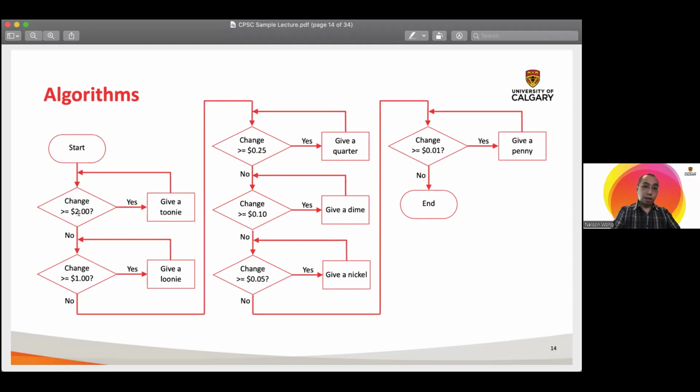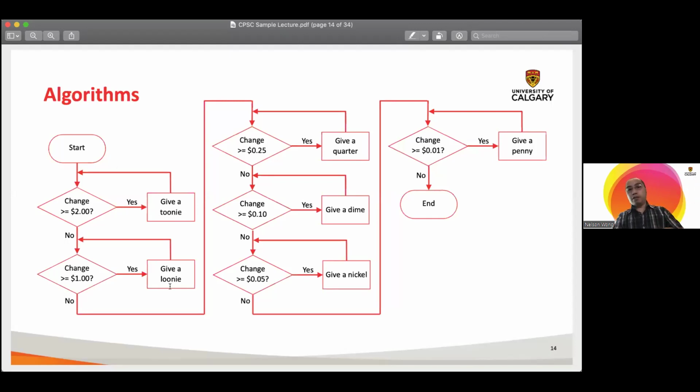Then we go back and ask the same question: is the change still bigger than or equal to $2? If it is still more than or equal to $2, we give another toonie back, until it is no. Then we move on and ask the same question with different values. Is it greater than or equal to $1?